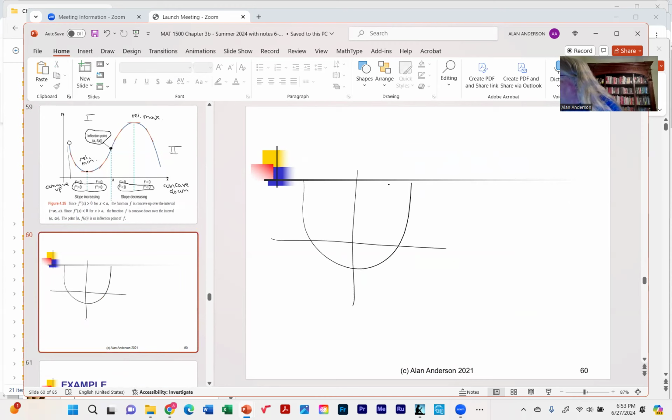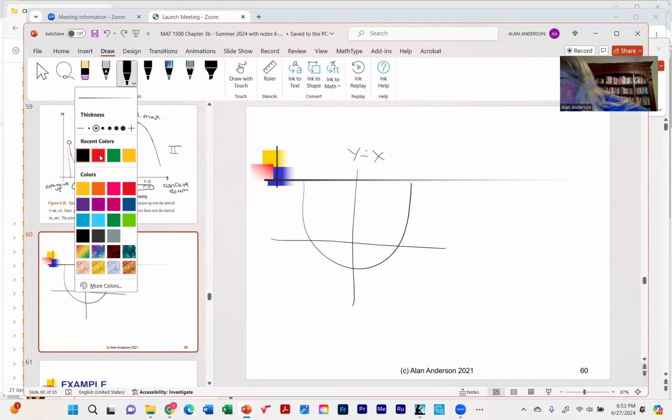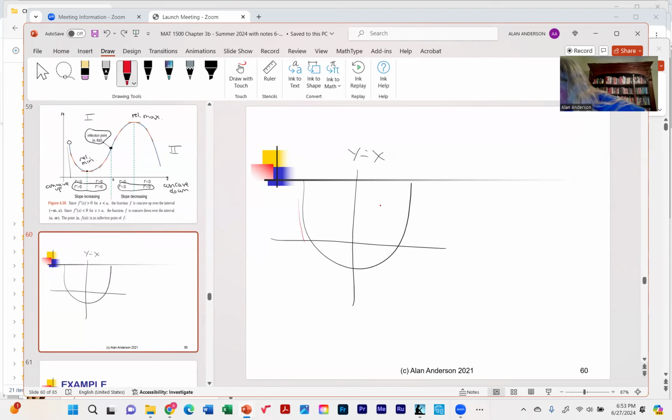This is some parabola, y equals, let's say, x squared minus 2. And if you look at it carefully, the slopes are going from less negative, 0, positive, and positive.